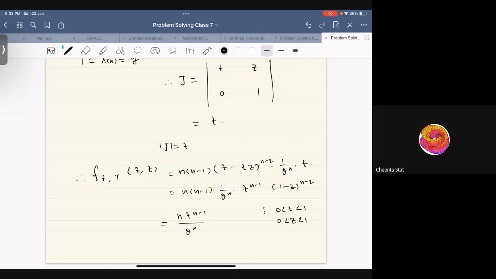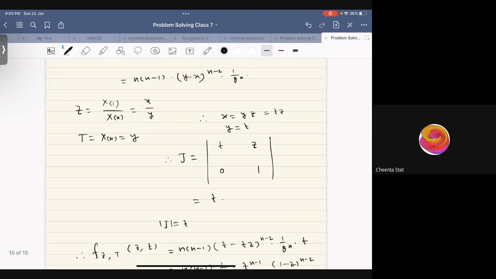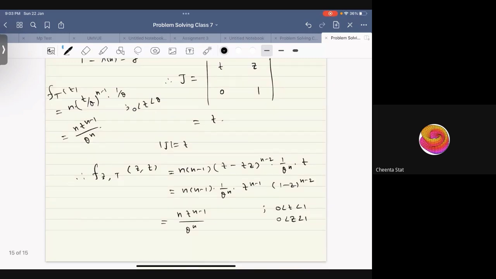Now x order n, what will be the x order n? The t is x order n. So what will be f of t? f of t will be n into capital Fx whole to the power n minus 1 into small fx, where t is from 0 to theta. So n t to the power n minus 1 by theta to the power n. Right.